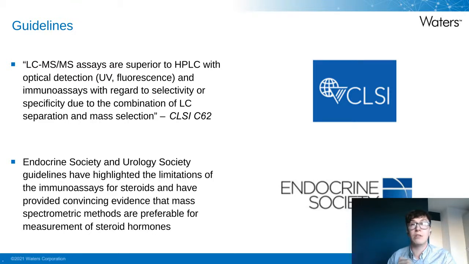Secondly, in regards to steroid hormone analysis, the Endocrine Society also highlighted the limitations of immunoassays due to the selectivity issues and have indicated that measurement of steroid hormones by mass spectrometry is preferred.